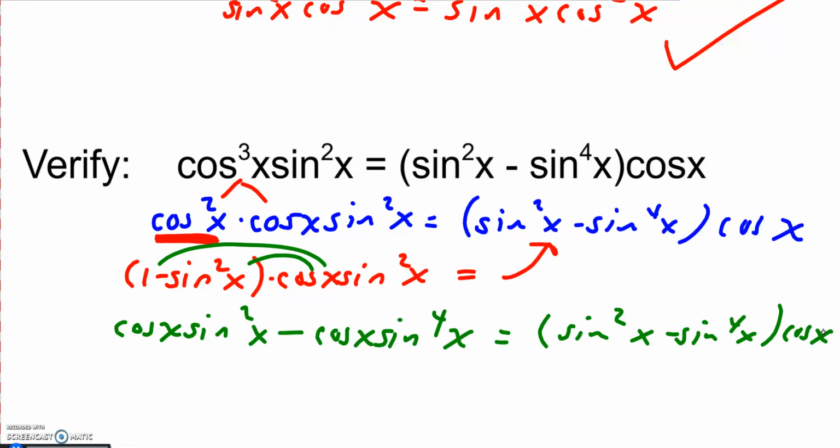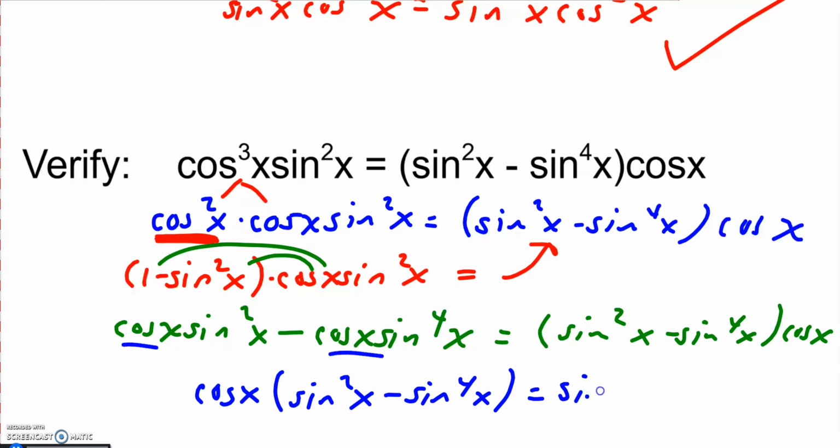I feel like we're close because we have the sine squared, we have the sine to the 4th, but the only thing how this side differs from this one is that this side has not yet taken out the GCF of cosine of x. So if I do that and I remove the cosine of x, I'm left with sine squared x minus sine to the 4th x.